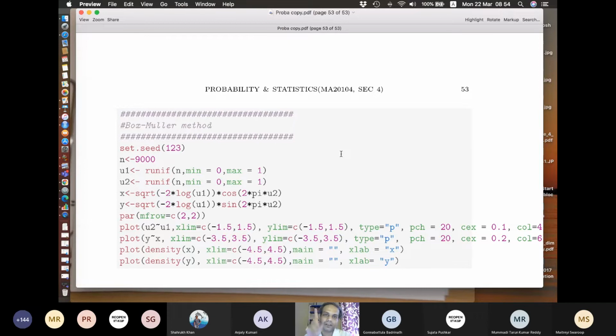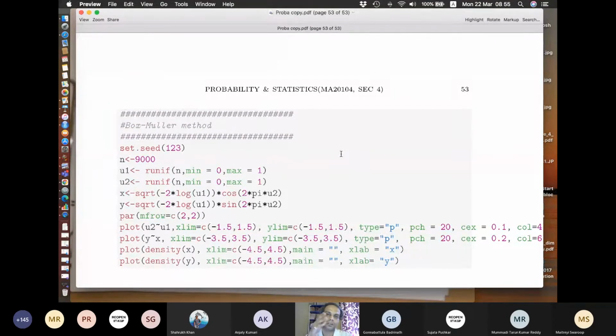But the normal distribution, we have directly stated its PDF. And we could not obtain the normal distribution from the uniform distribution.